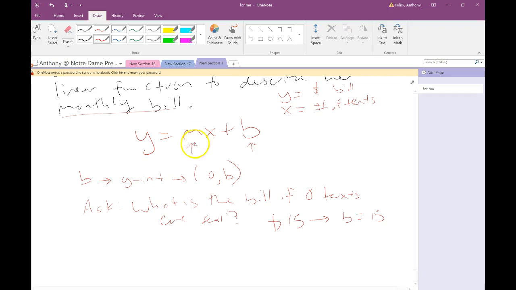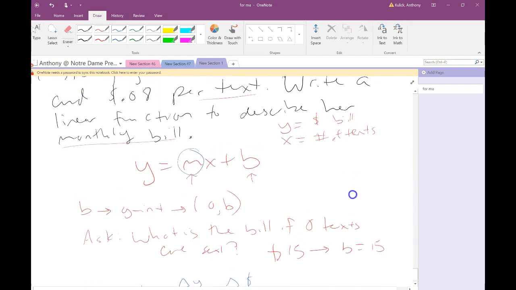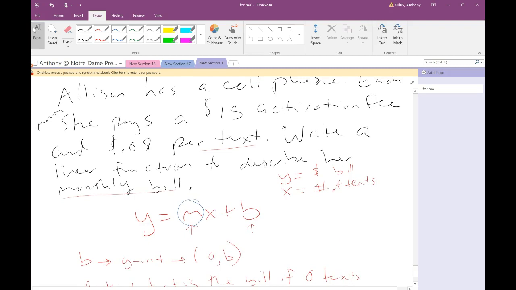Okay. The next thing we need to do is worry about what the slope is. So the slope is a rate. It's the change in y over the change in x, or in this case, the change in dollars over the change in texts. Now, if I remember back to my story problem, I was given something like that, right? 8 cents per text.